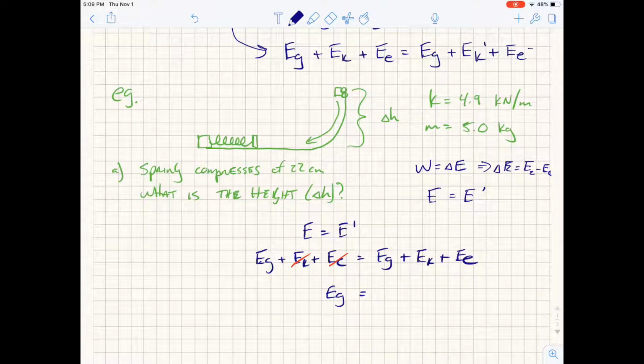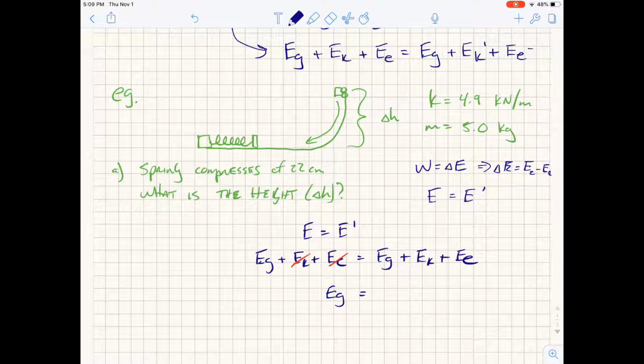And that's the situation that we're interested in. That's the second situation, the compression of the spring. We're not really interested at this point in what happens afterwards, how far it goes back up the ramp or anything like that. We really are stopping the model once that spring is compressed.